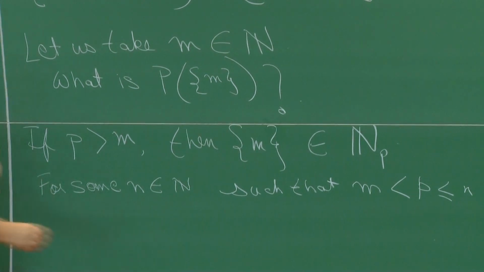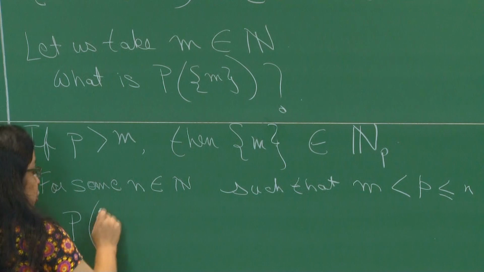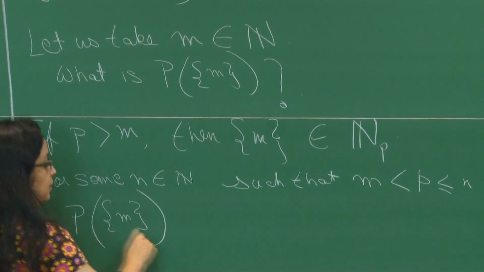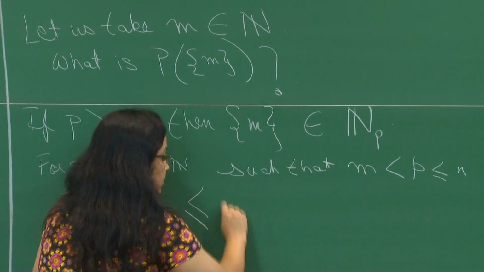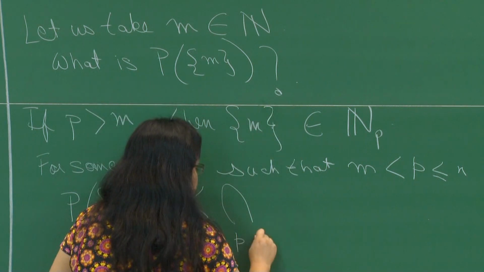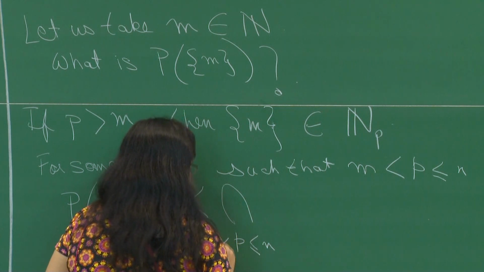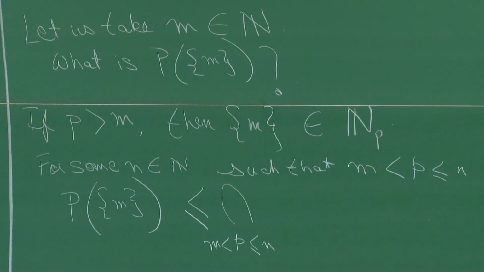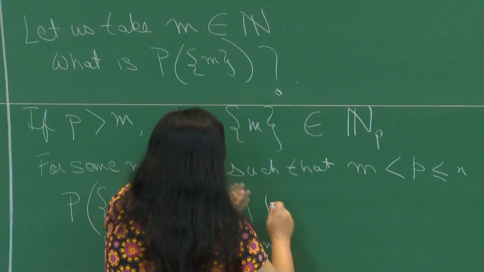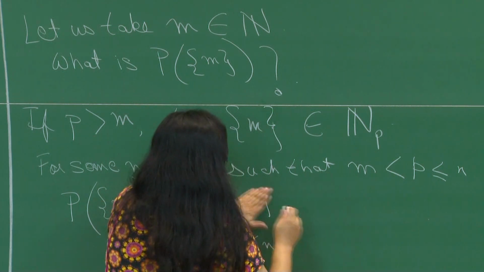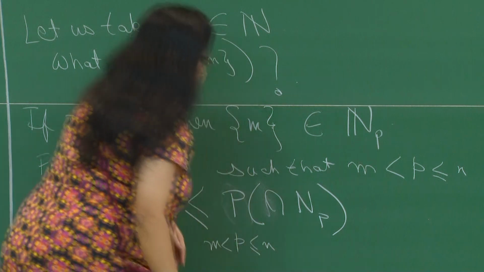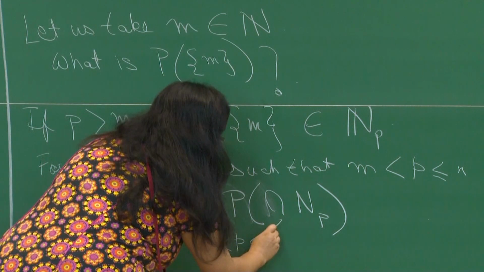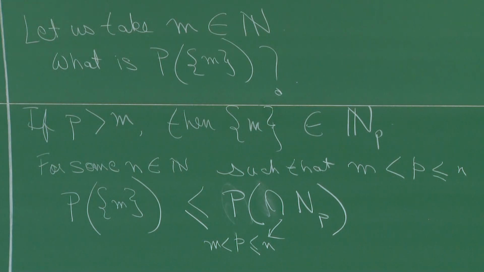So, for such an n, the probability of the singleton m has to be less than or equal to the probability of the intersection of all the N sub p's, where p are primes lying between m and n.